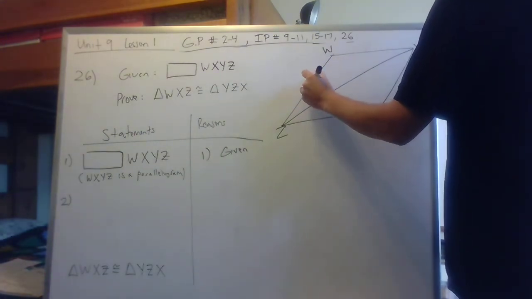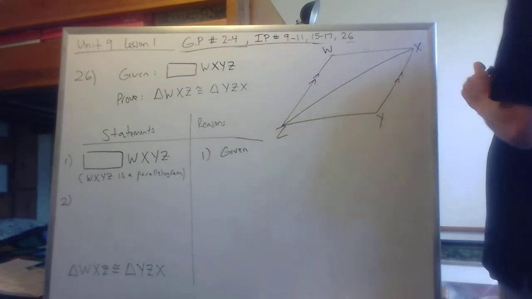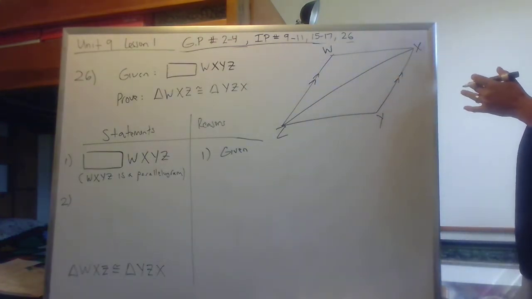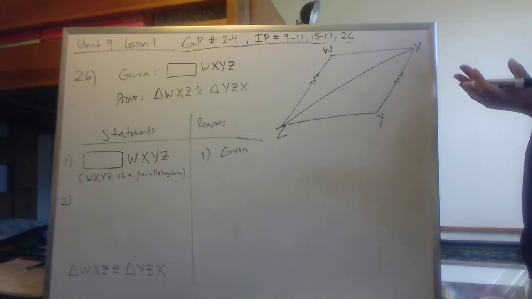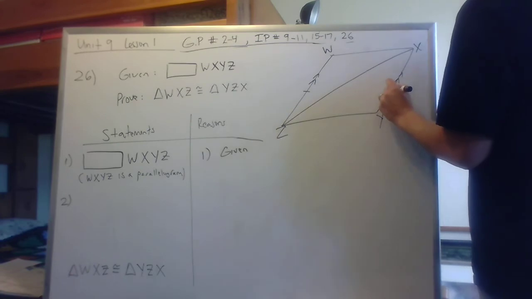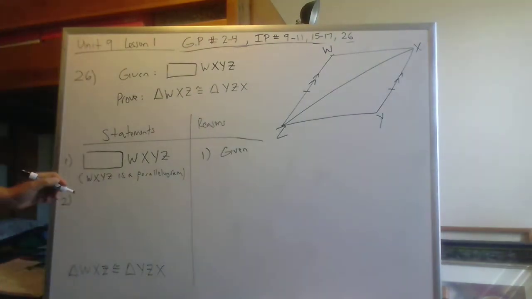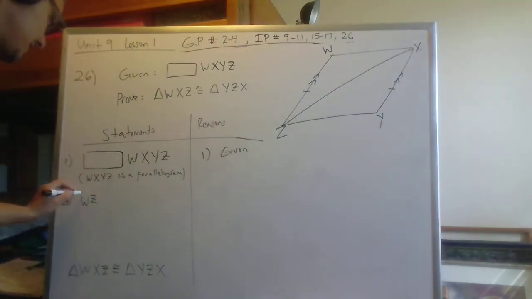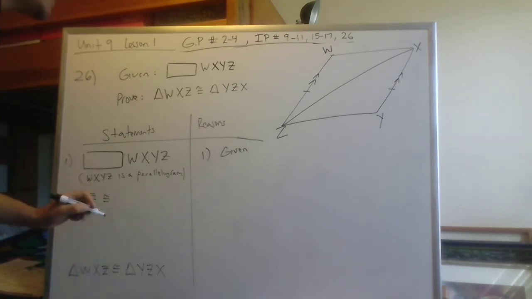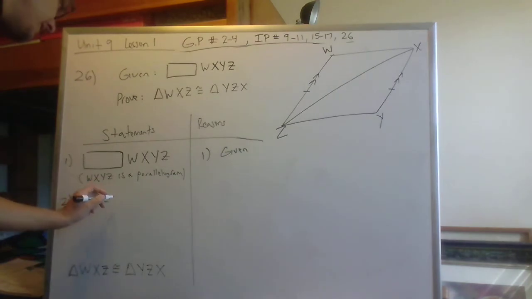So for a parallelogram, we know that the opposite sides of the parallelogram are parallel, and we know that they're congruent. Okay, that's important. So I just want to say that side WZ is congruent to XY.